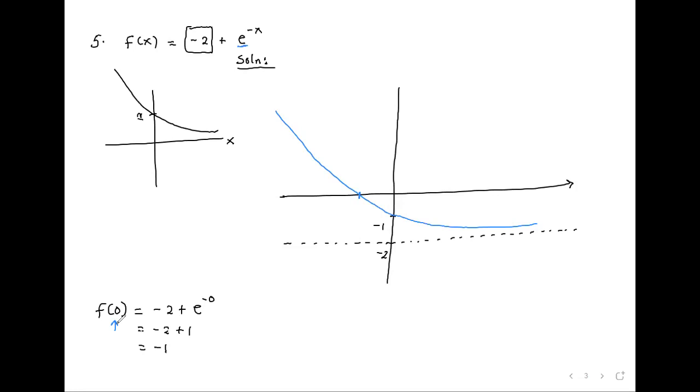It crosses the x-axis when y is equal to 0. So the purpose why we are solving for f of 0 is that we are looking for the y-intercept. f of 0 means where there is x, take 0. That's why we are seeing e to the power -0, because there was x here.